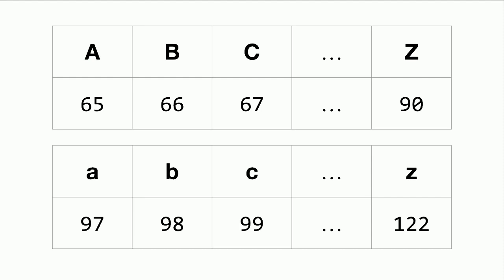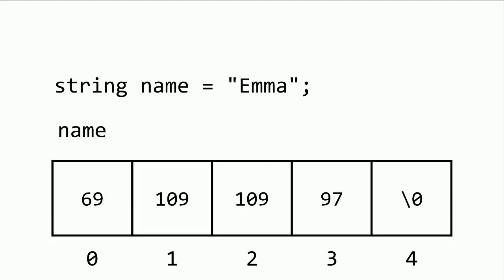And because they have these numerical representations, we can actually do operations and check things using these numbers. One example of that might be Emma, for example, this string here, actually can be written out as this array of integers. And so why is this helpful information to know?